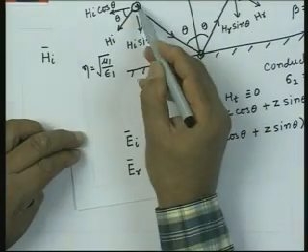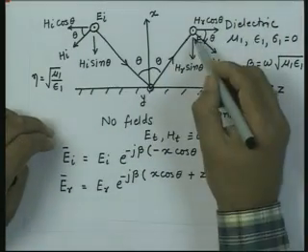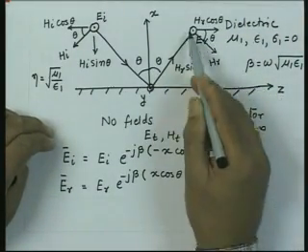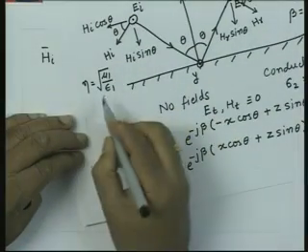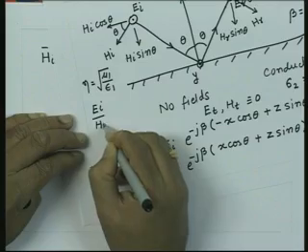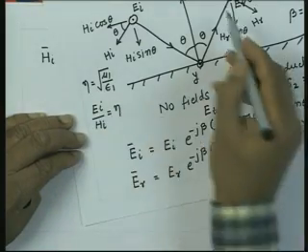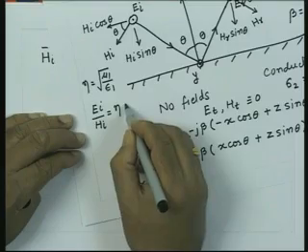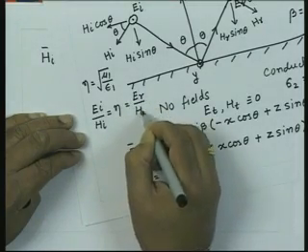We have the condition that E_I upon H_I is equal to eta, and the same is true for the reflected wave, so E_R upon H_R is also equal to eta.